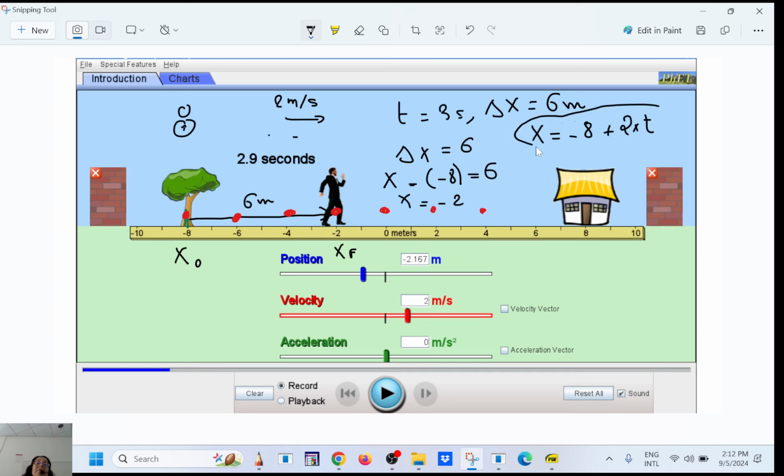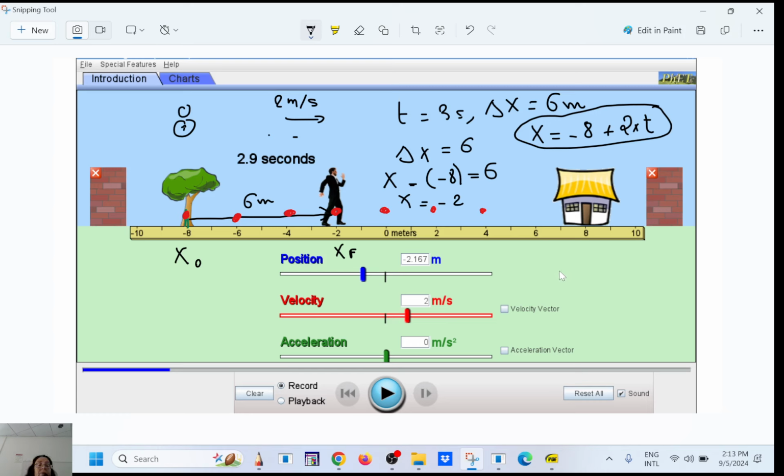So that's a kinematic equation. It's going to give me the position as a function of time. The final position is what you start with plus your displacement, and the displacement is the speed times the time.